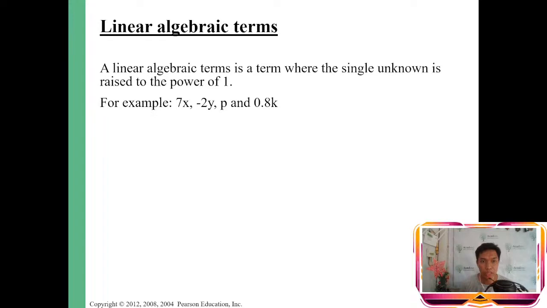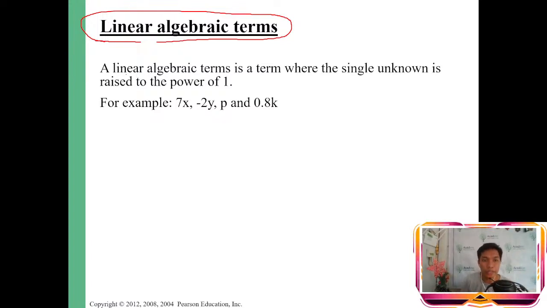So what are the vocabularies that we need to learn in linear equation? First one is linear algebraic terms. So what does that mean? If we say linear, of course we have the linear equation.